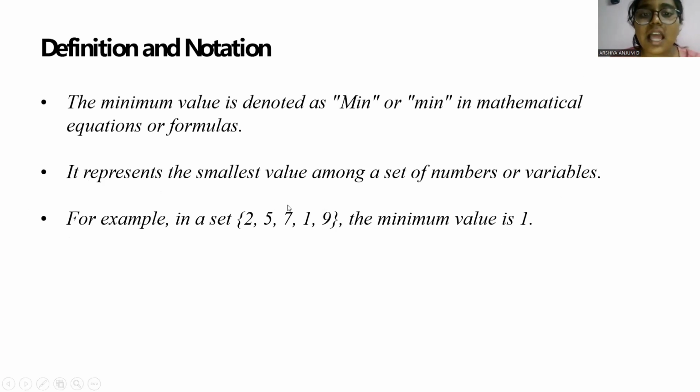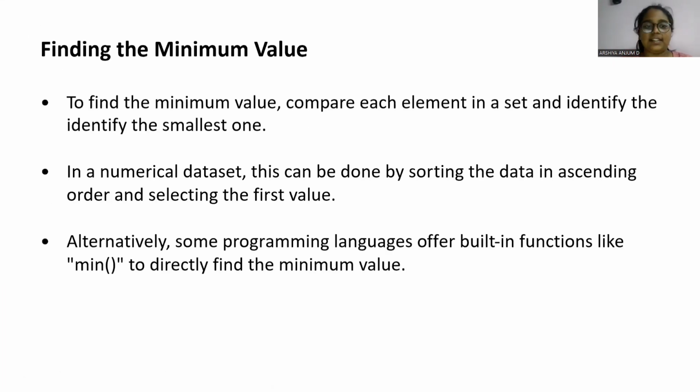If we arrange this in ascending order, 1, 2, 5, 7, 9, we select the first digit, which is 1. In descending order, 9, 7, 5, 2, 1, we come to the last number, which is 1. Like this, we find the minimum value in a numerical data set.